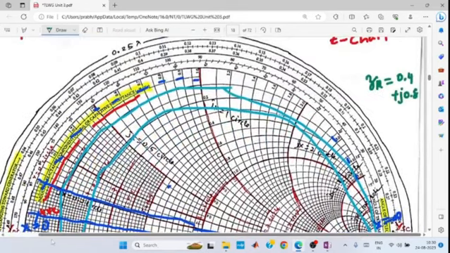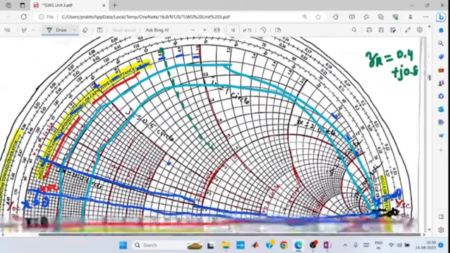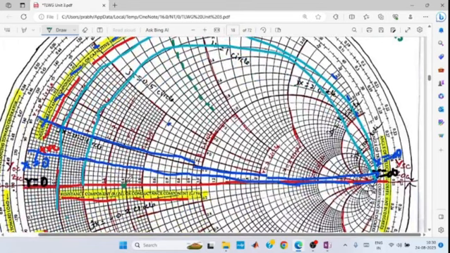Now you trace the value like this, and trace the real value also like this. Both intersect at one place. This is the point, and we mark it with a dot. This is nothing but the small zr.